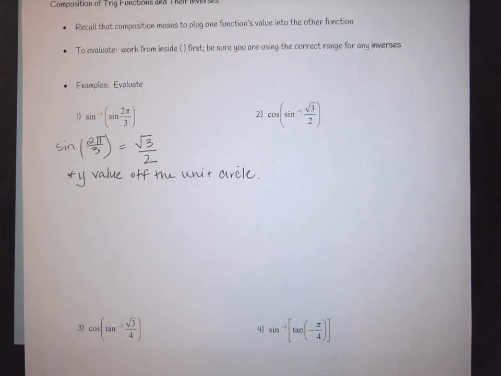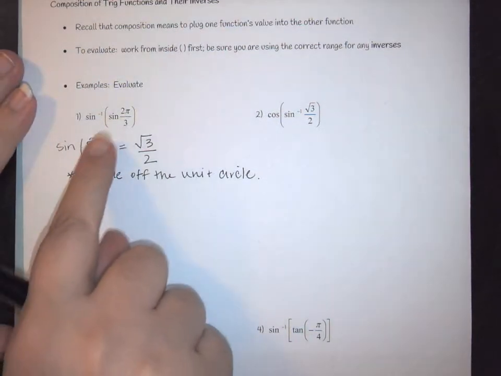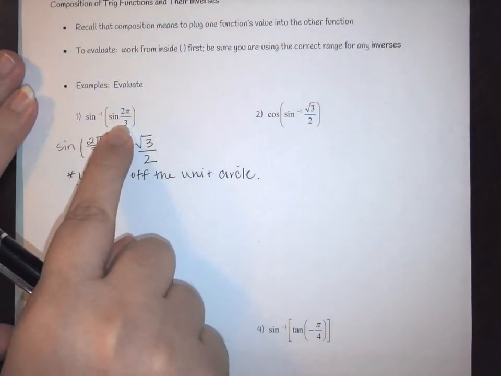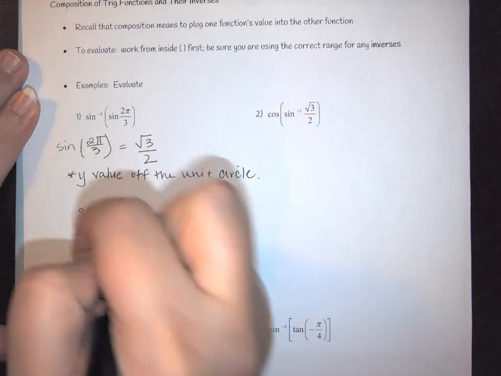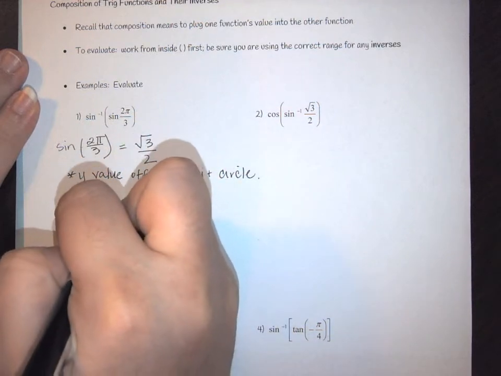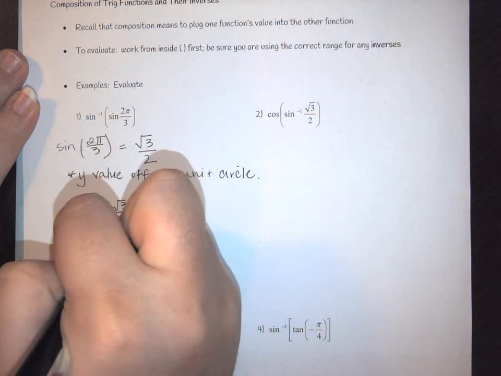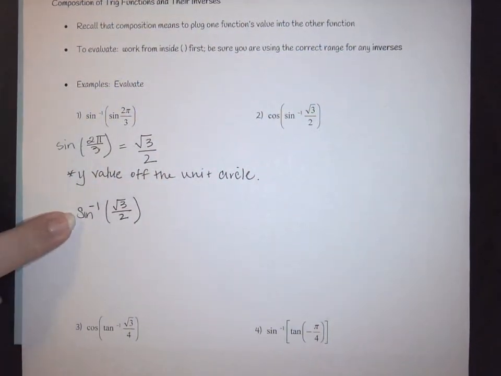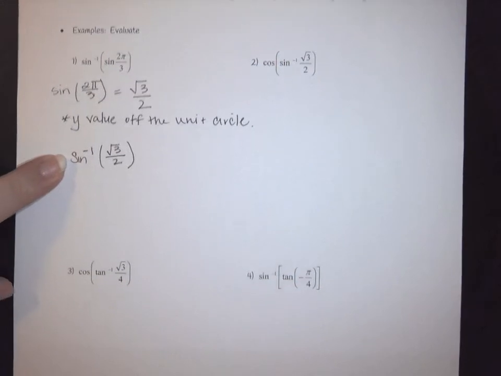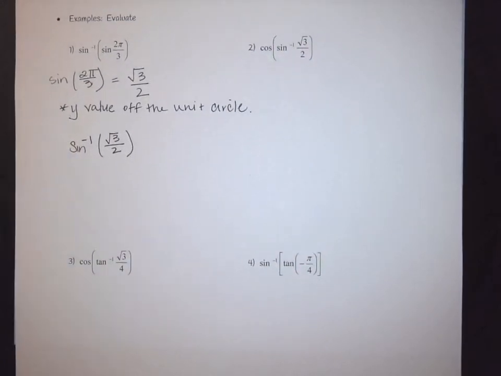So that being the case, what that says now is that I have done inside the parentheses. So I now have the sine inverse of the square root of 3 over 2. Now, first of all, the inverse sine has a very specific range.